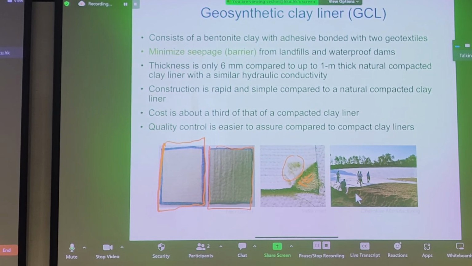So this is where GCL comes in to be advantageous. You can put a layer of GCL on. It's very thin. You don't need maybe a few centimeters thickness of clay layer. You're not going to get constructability issues because of cracks, non-uniform compaction. So GCL is also a barrier. So this is a type of geosynthetic.